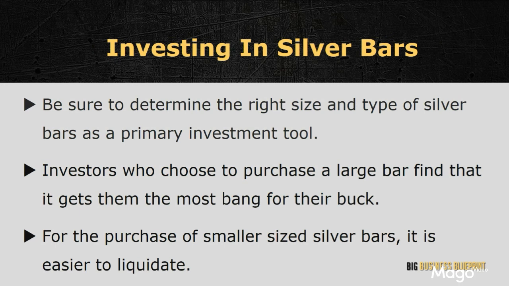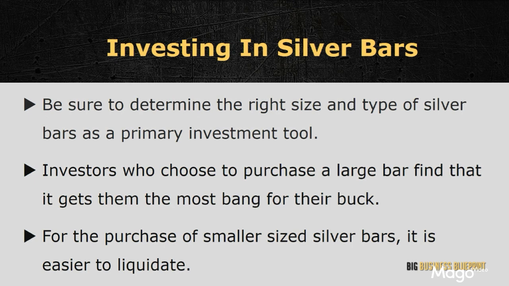Meanwhile, buying silver bars has also been proven to be an excellent tactic in preserving long-term wealth. As an investor, you should firstly be sure to determine the right size and type of silver bars used as a primary investment tool. Silver bars come in various sizes and weights. While most bars sell in troy ounces in increments of 1 ounce, 5 ounce, 10 ounce, 1 kilogram, 100 ounce, and 1,000 ounce bars, some mints sell them in fractional or gram sizes.